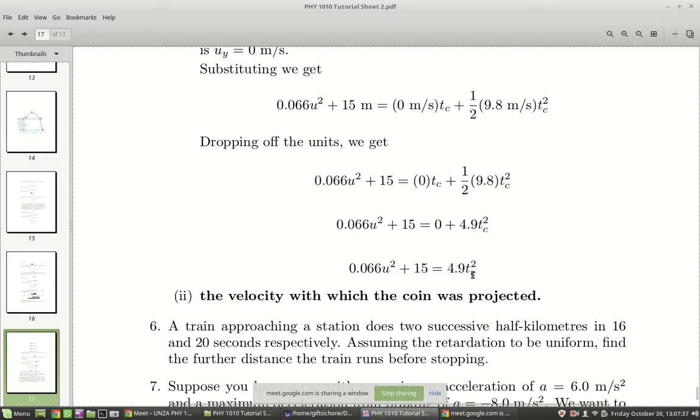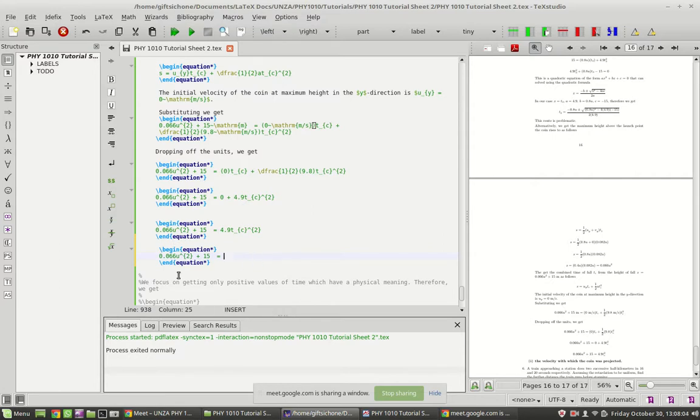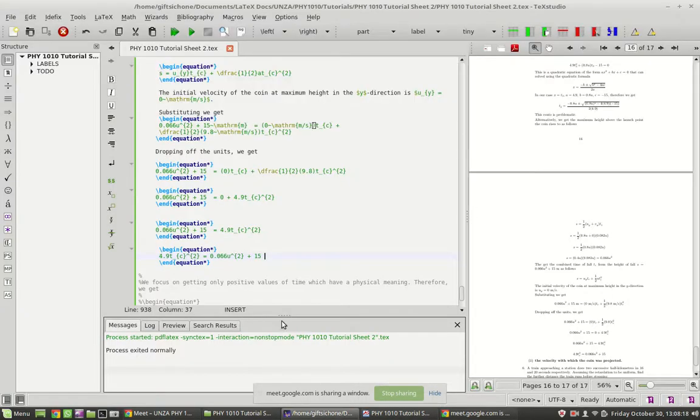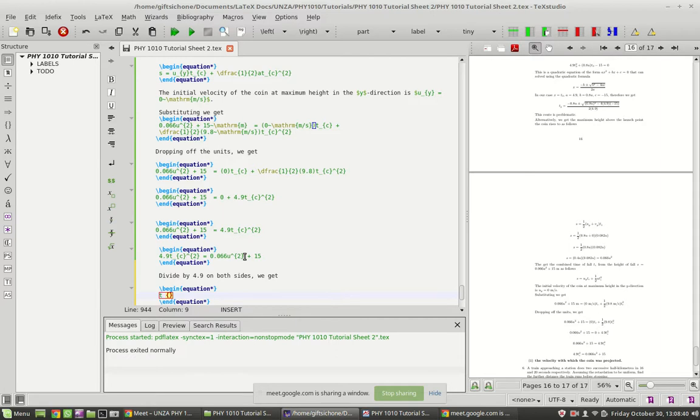If we divide by 4.9 on both sides, we get something, but I kind of don't like what we have.